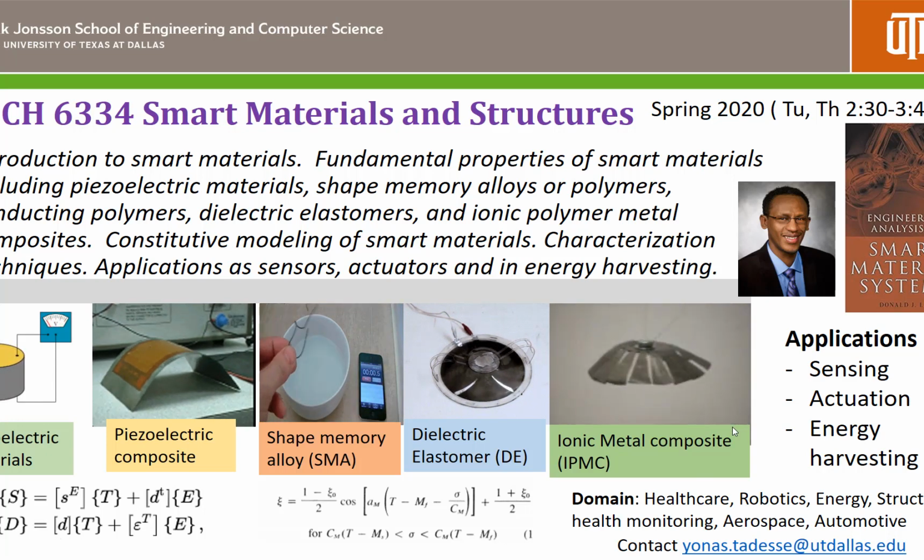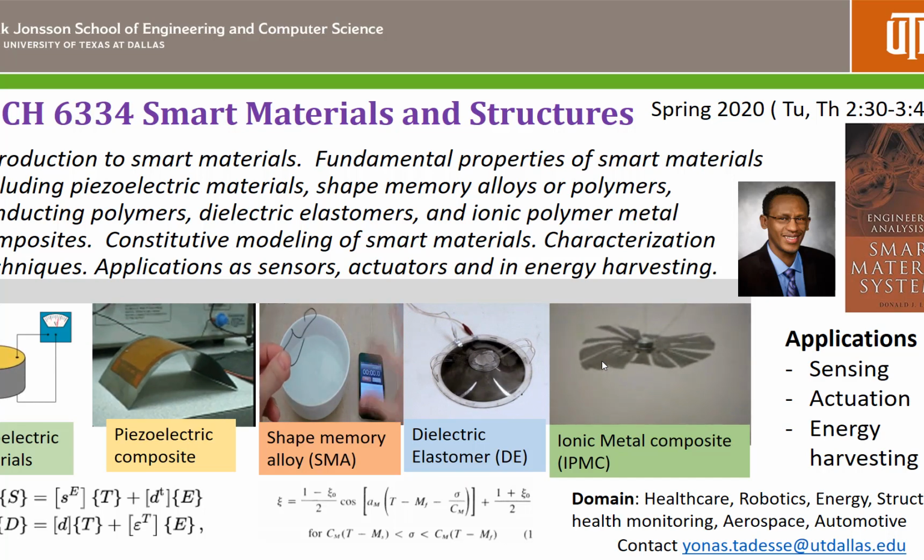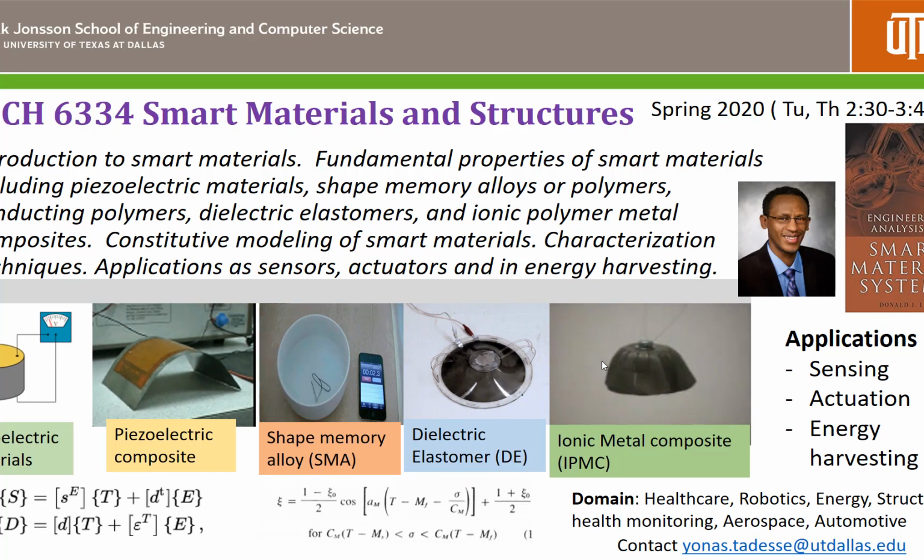The other one is called ionic polymer metal composite, or IPMC. As you see here, this is used as an actuator. When you supply voltage to the material, it deforms. Okay, it's a sandwiched composite material with a special material in between, which we will discuss in detail. So that's one kind of material.